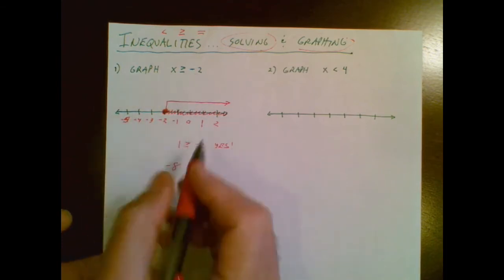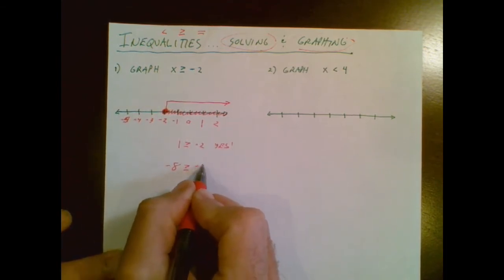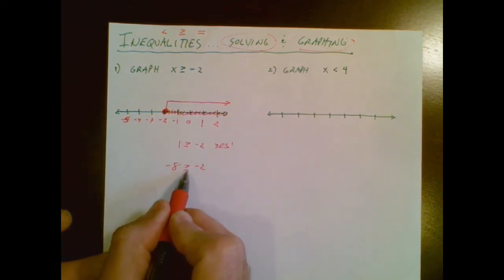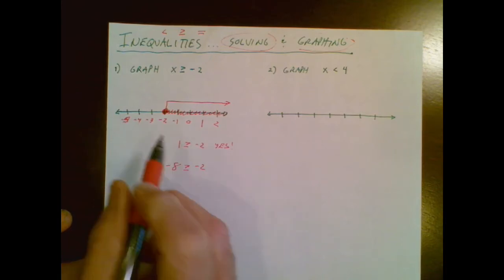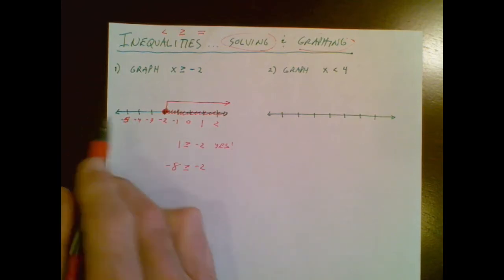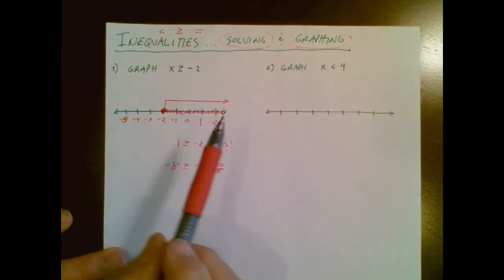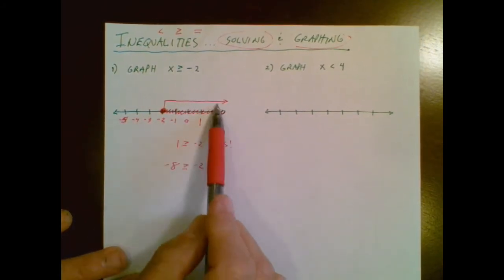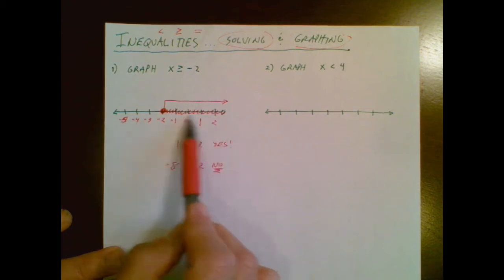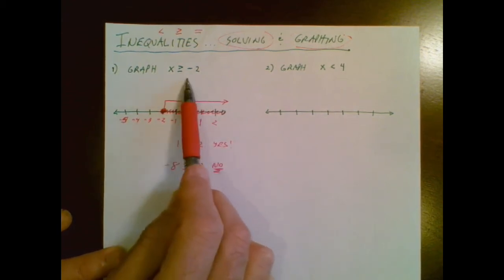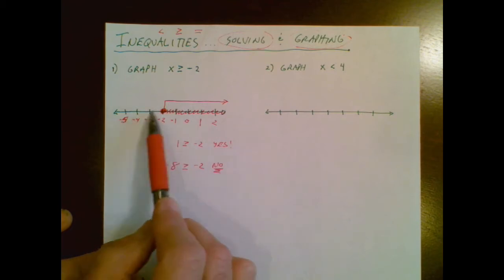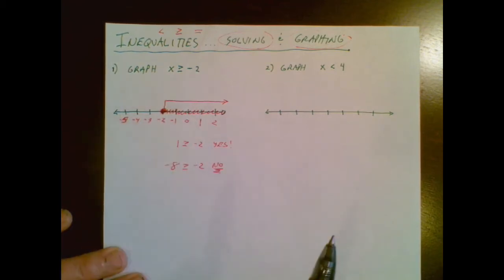If I take -8 and put it in there, is -8 greater than or equal to -2? It's not, because it's to the left. So we say no. So the bottom line is, once you've done your shading, any number from the shaded region should make that inequality true. Any number outside the shaded region should make that inequality false.